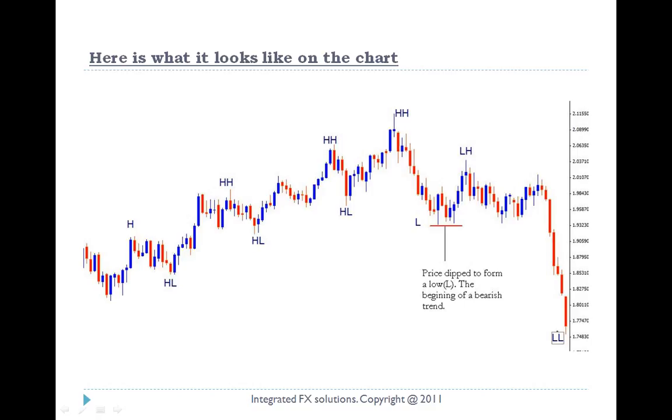And price retraced to a lower high, and then boom, price dipped to form a lower low. And that is the sequence of a trend changer from bullish to bearish.